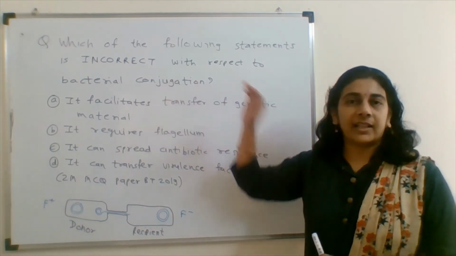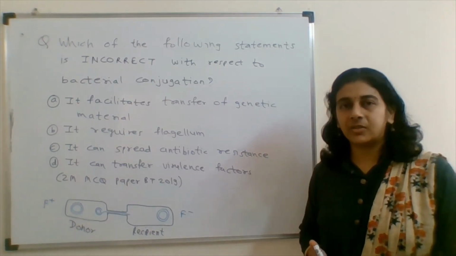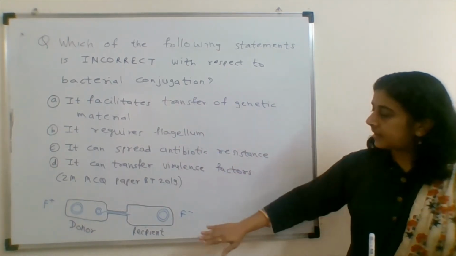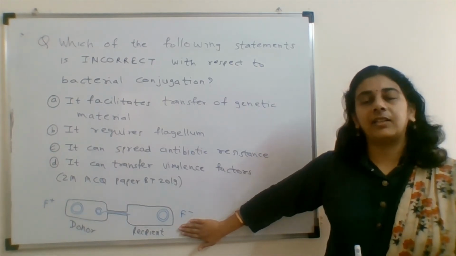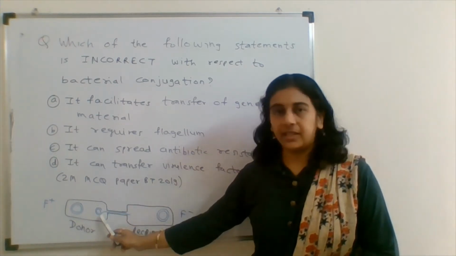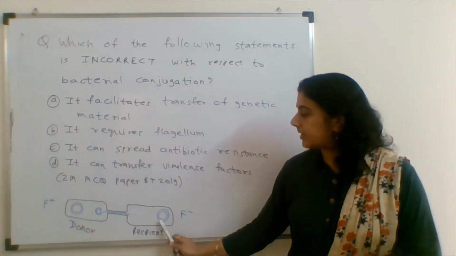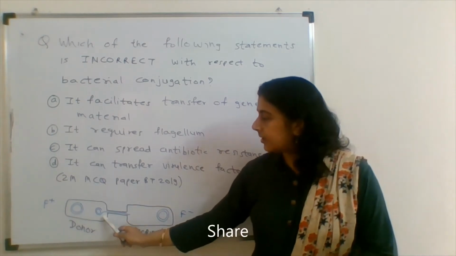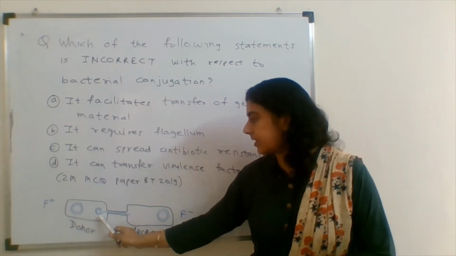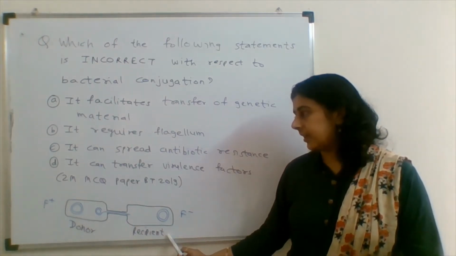The question is about bacterial conjugation and what is required in a bacterial conjugation. It facilitates transfer of genetic material. See here, I have shown bacterial conjugation in short. This is a donor bacterial cell having one plasmid and its chromosomal DNA, whereas this is a recipient bacterial cell having its chromosomal DNA. This is a conjugation bridge which has been formed between the two cells, and through this conjugation bridge, this plasmid DNA is getting transferred to the recipient.